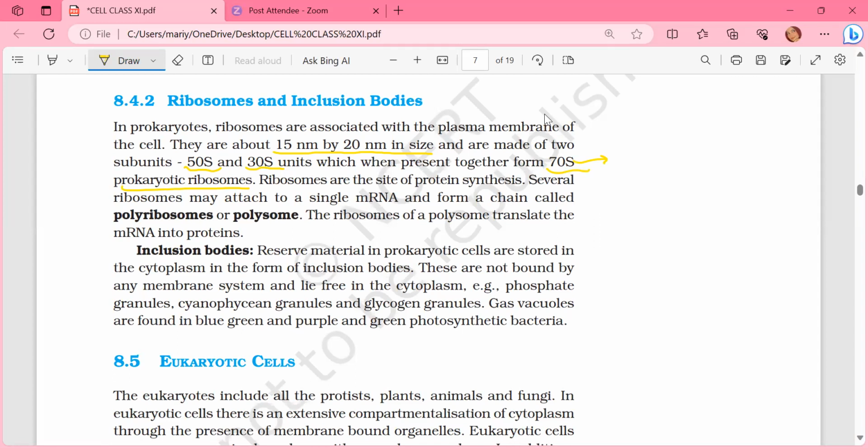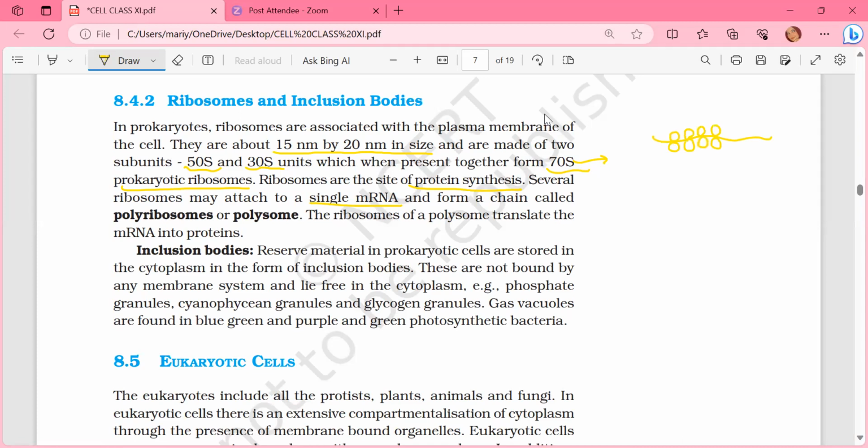Now, the ribosomes are the prime site of protein synthesis. What is the function of ribosome? It is protein synthesis. Sometimes several ribosomes attach to a single mRNA and form a chain. For example, if this is an mRNA, many ribosomes will attach on it and form a chain.